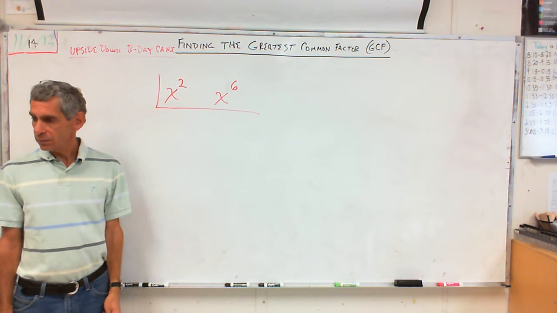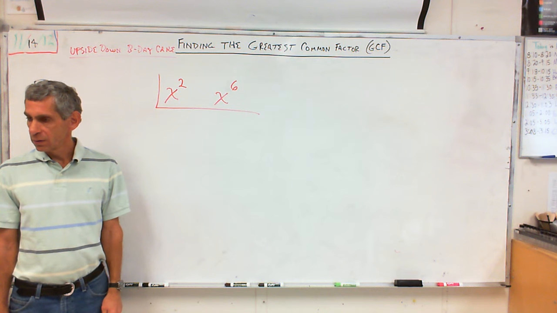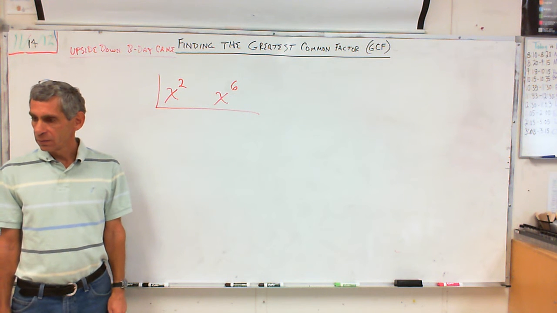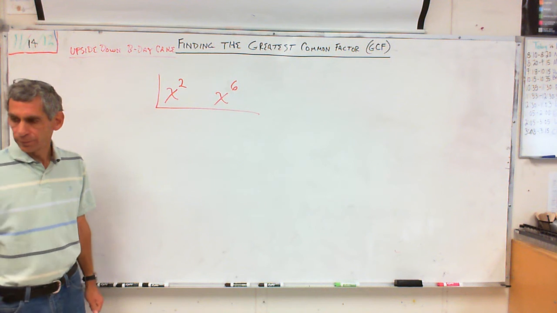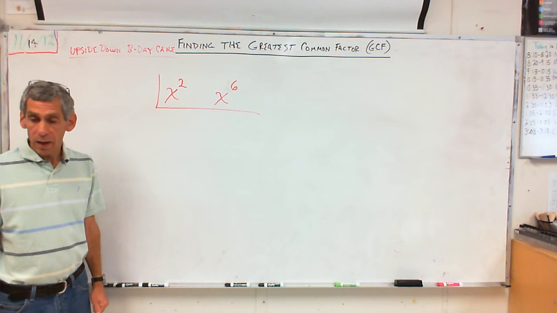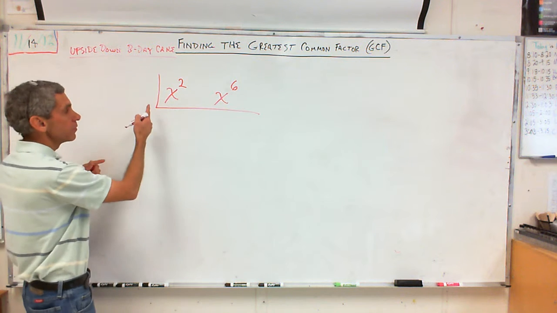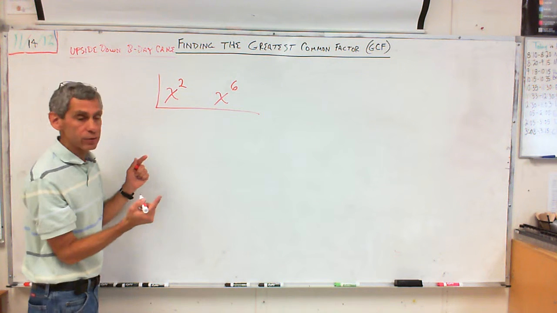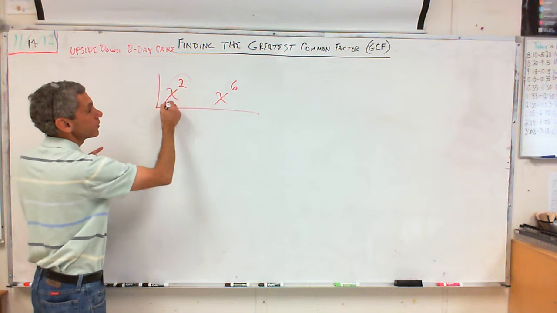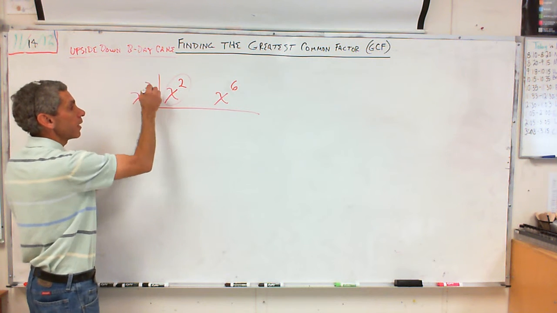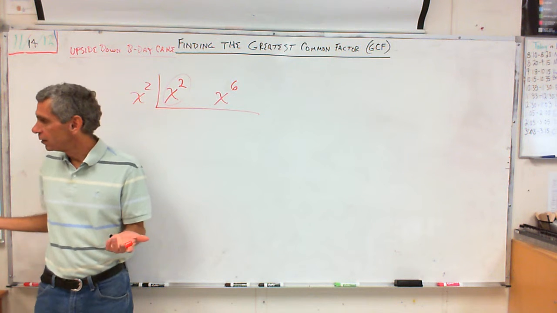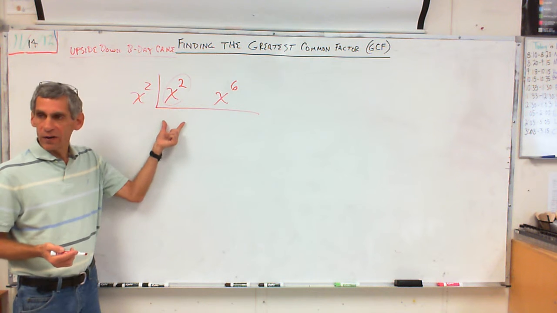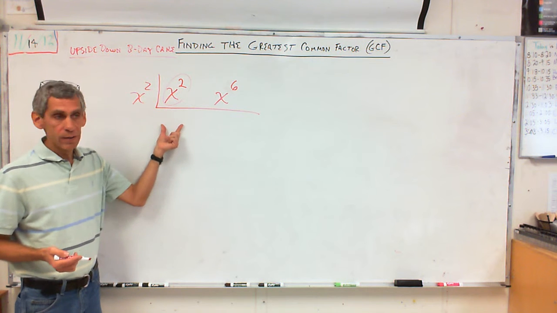The same rule applies even if 2 doesn't go into 6, or if 2 is to go into like 7. Yeah, no, it doesn't matter, because my greatest common factor is the one with the smallest exponent. So my greatest common factor is x squared. That's it. I'm done. Right? But for the fun of it, let's see what we would get here.